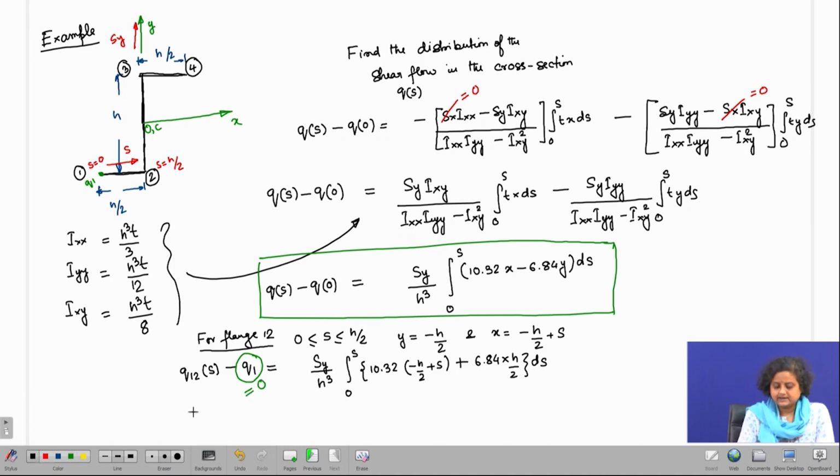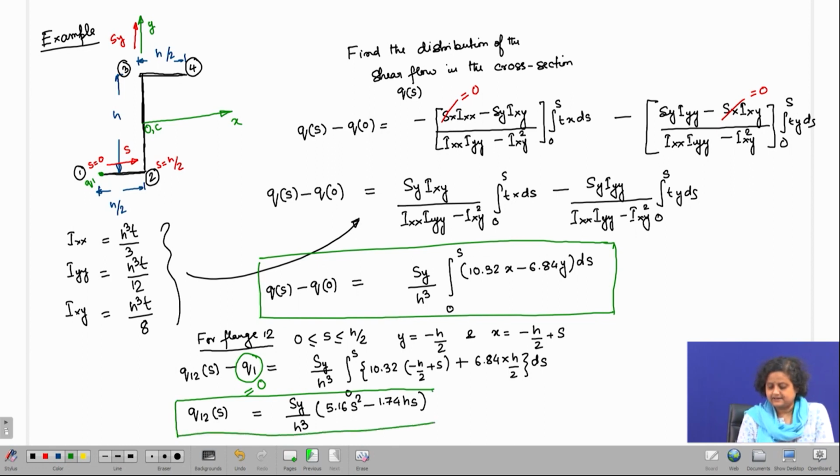Therefore, this equation can be written as Q12 of s is going to be Sy by h cube into, if we calculate the integral, 5.16 s square minus 1.74 hs. So, this is the expression of Q12 in terms of s and h.